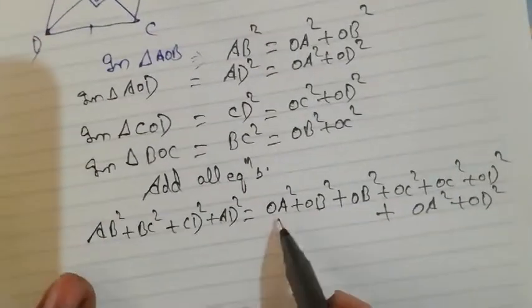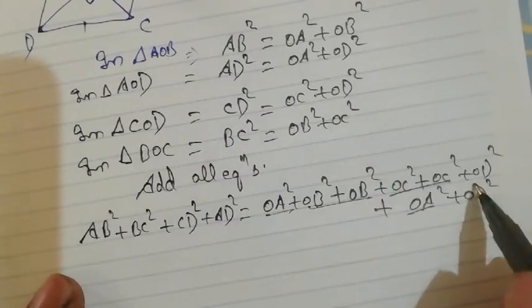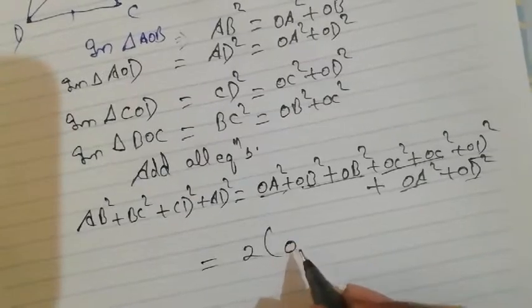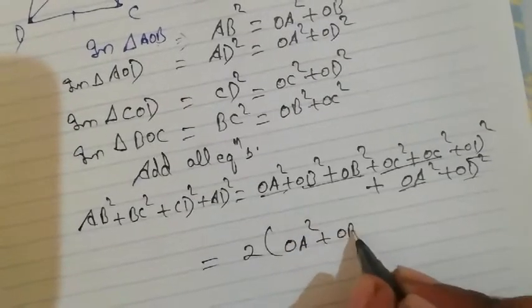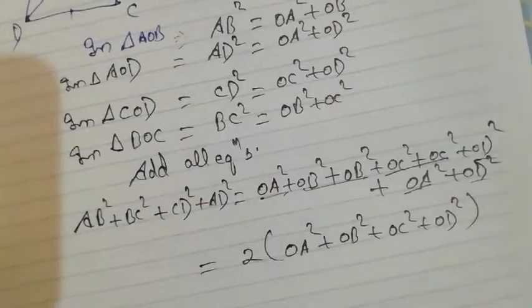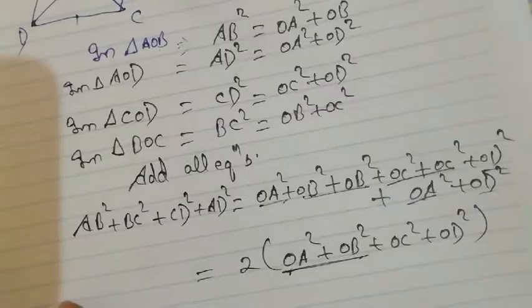Look, two times there is OA square, two times OB square, two times OC square, and two times OD square. So here we can write 2 times, OA square plus OB square plus OC square plus OD square.